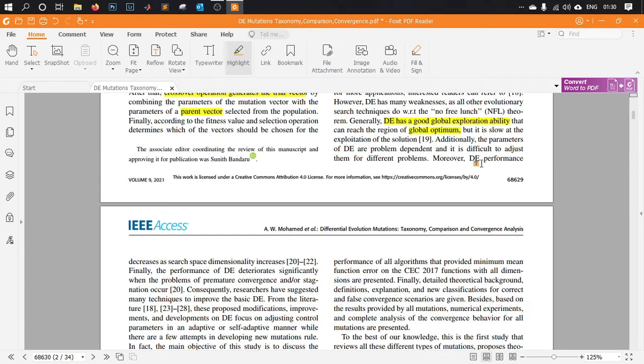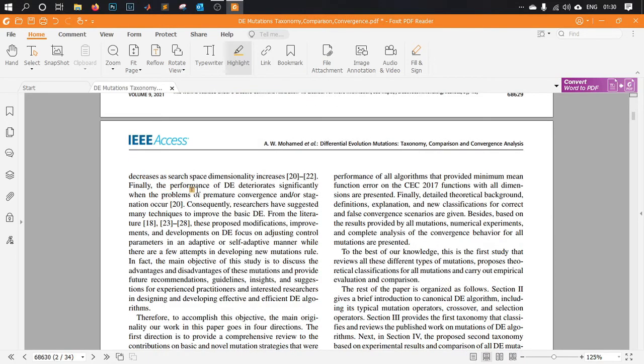Moreover, the parameters are problem dependent and the performance decreases as search space dimensionality increases. So this is one of the drawbacks of DE, where if the search space dimensionality increases, it is not able to perform that well. And also, there are instances of premature convergence or stagnation.